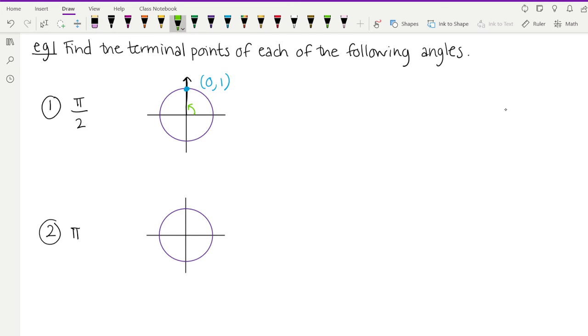So as we just mentioned, pi is equal to 180 degrees, right? So this would be this angle here. And so our terminal side would just be this negative x-axis. And so the terminal point would be this point here. And again, just by using the fact that we know the radius of this circle is 1, that would be the point -1, 0.